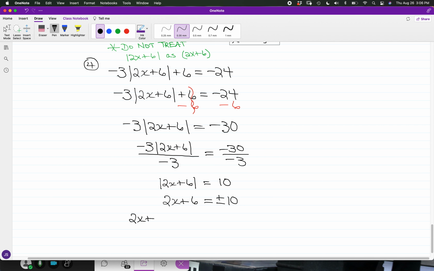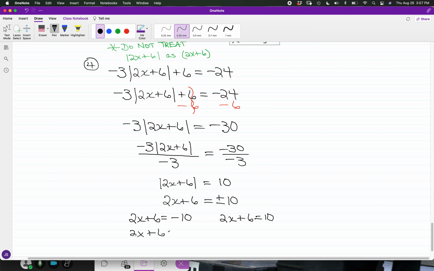Just setting up what we have for x, you have simultaneous equations. So we have 2x plus 6 is equal to negative 10, and we have that 2x plus 6 is equal to 10.